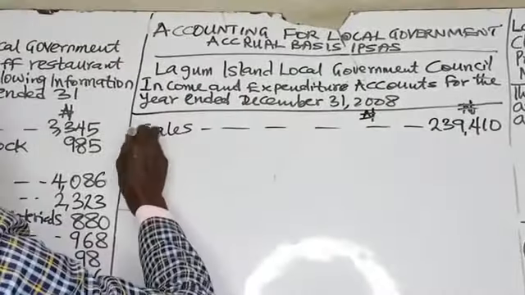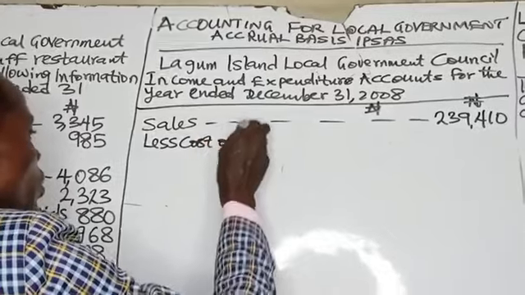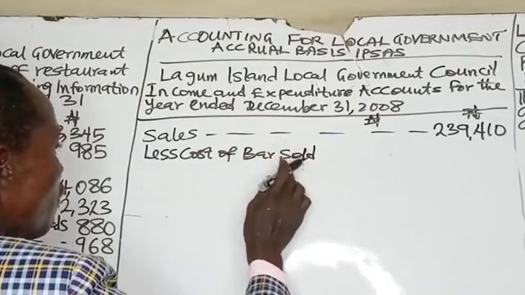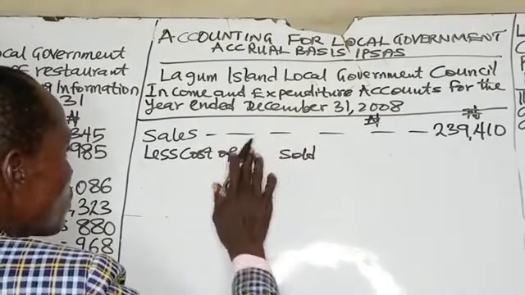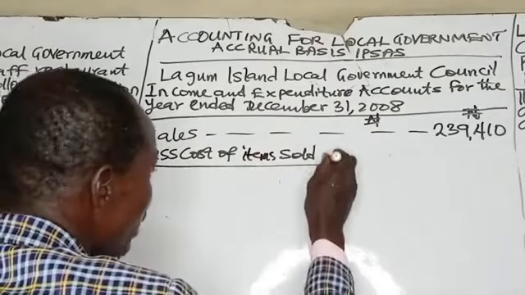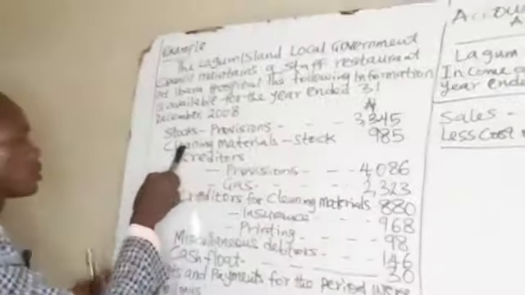Now less cost of items sold in the restaurant. So back to the question. We have stocks.